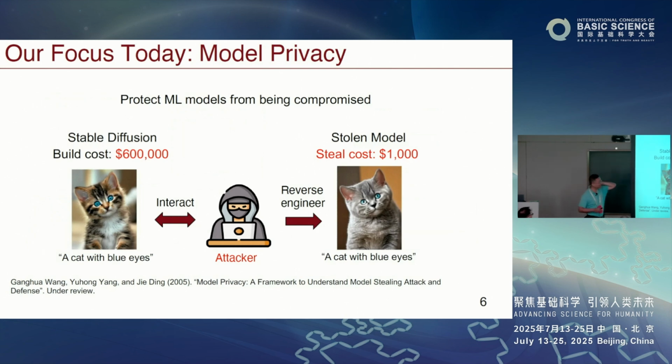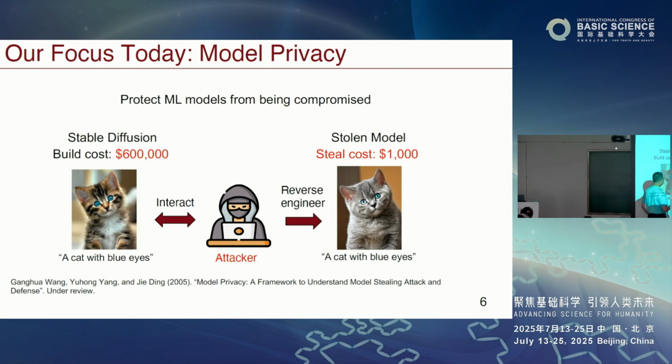So our focus today is what we call model privacy. It's our first effort to understand how well and how you can protect your model. So let's assume you have collected your data and you build maybe a diffusion model, whatever. And your cost of building the model is quite significant, 600,000 for instance. And then you deploy this model on the internet. People can pay, and then we can do prediction for the customer. And suppose you have an attacker, and he will pretend to be a customer. And then he asks your service.